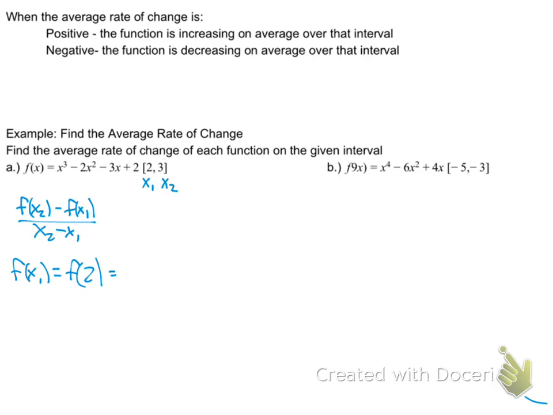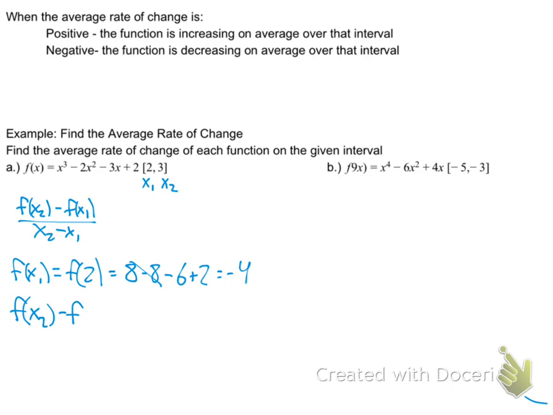So, what's 2 to the third power? 8. What is 2 squared? Times negative 2, which would be a negative 8. And negative 3 times 2? Minus 6 plus 2. These cancel away, leaving you with negative 4.